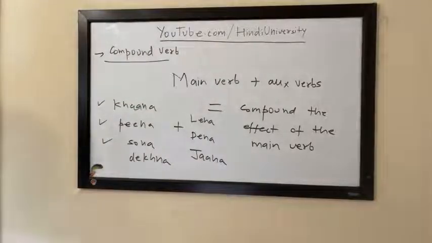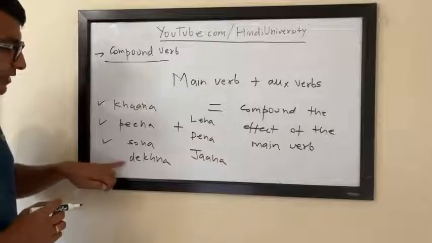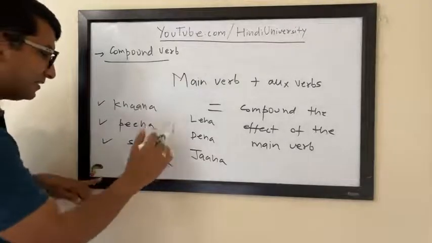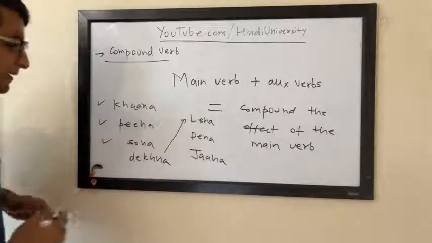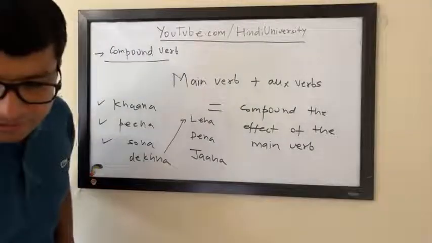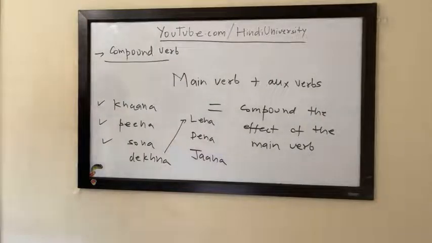No, dekhna no. I'm doubting. These three. Okay, dekhna fits with lena. Very good. So it goes better with lena. Dekh lena. Okay, awesome. So this is sort of like a quick quiz to really see.